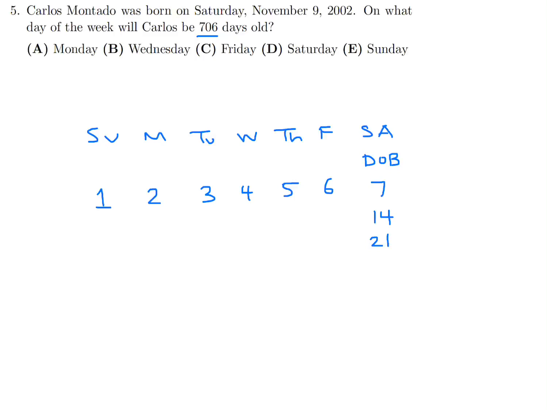Well, 700 is a multiple of 7, 7 times 100. So the 700th day is also a Saturday. Now let's count from 700: 701, 702, 703, 704, 705, and finally 706. And 706 is a Friday. So number 5, the answer is C.